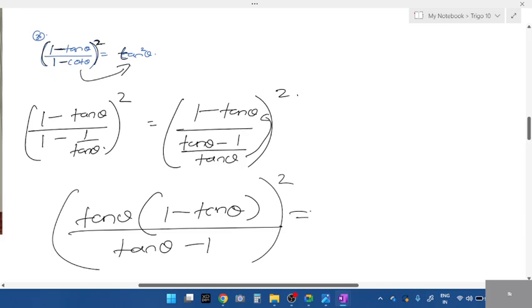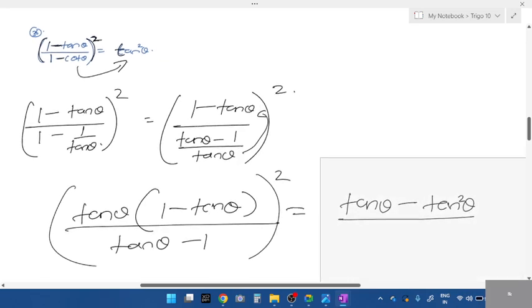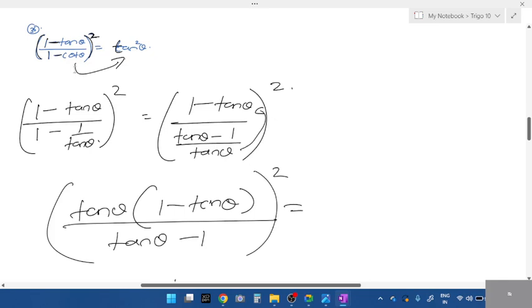Then when you open the bracket, what do we get, students? In the numerator bracket, when you open, what do you get? Tan theta minus tan square theta. Just a minute. The whole square.